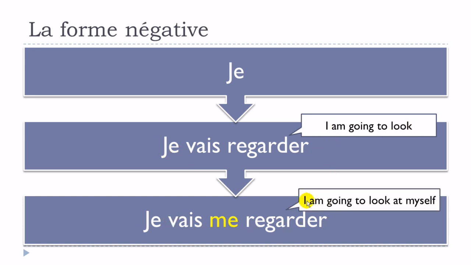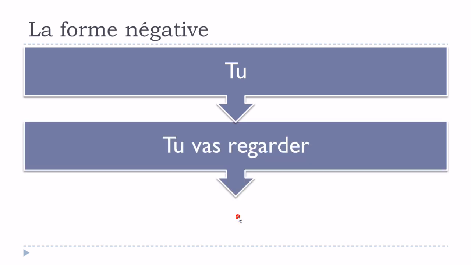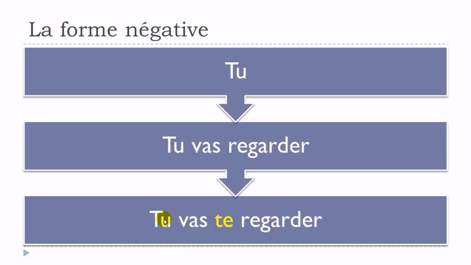Je vais me regarder, I am going to look at myself. That's the reason why you will have to put this me and not se. Keep that in mind, because it will change, of course, for tu as well. Tu vas regarder, it's quite simple here. Tu vas, and then te regarder. So te for the second person.